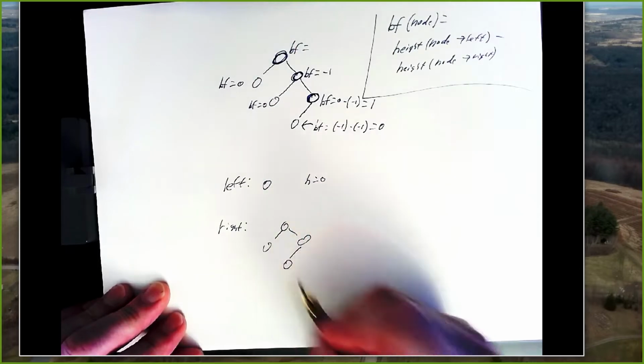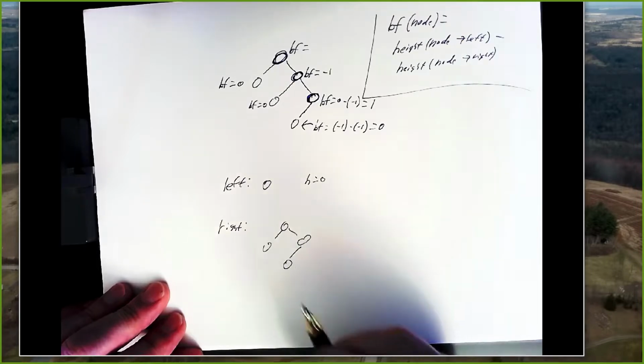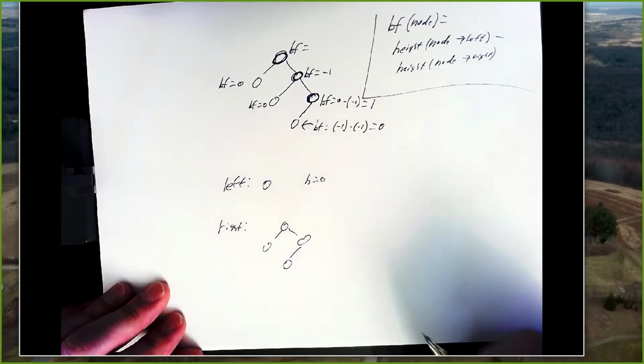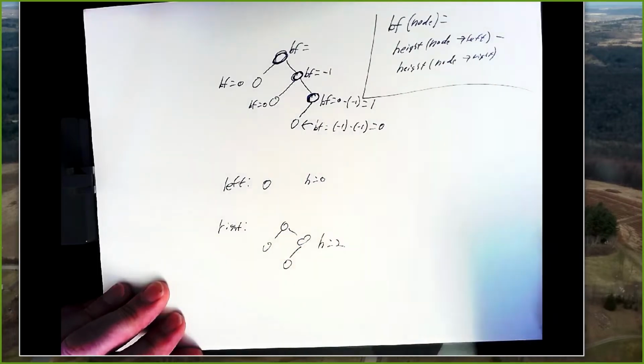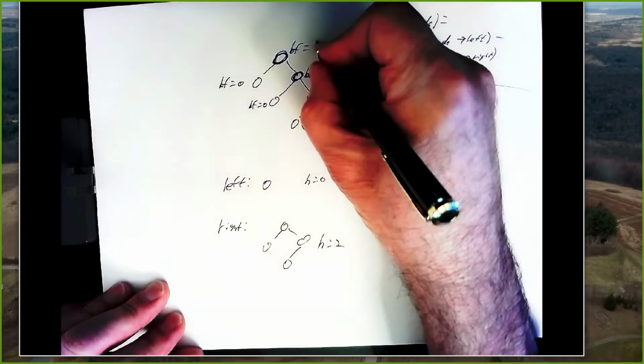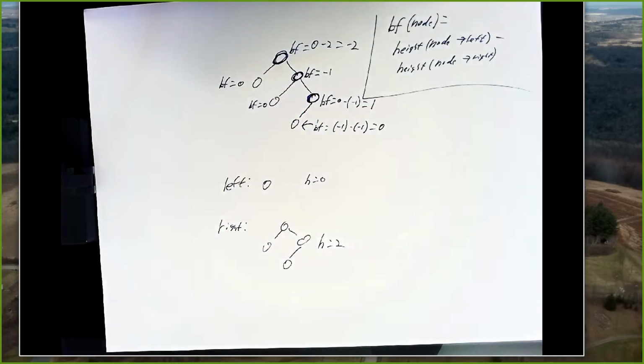What's the height of this tree? So if we start at the root, how many hops do we make to get to the deepest node? 2. That's the deepest node, so the height is 2. So the balance factor is the height of the left subtree minus the height of the right subtree. That's a -2.